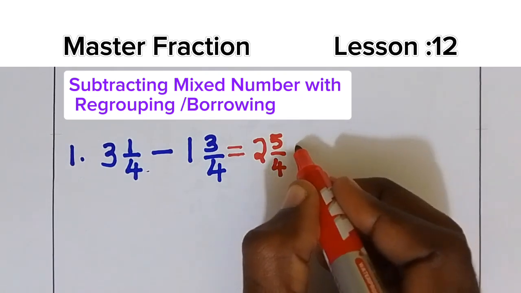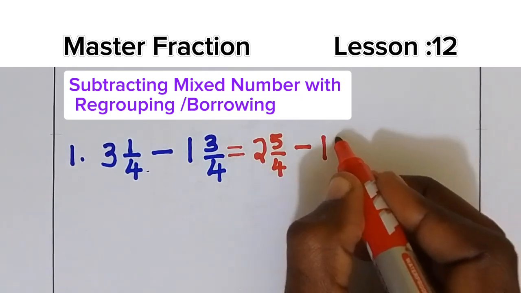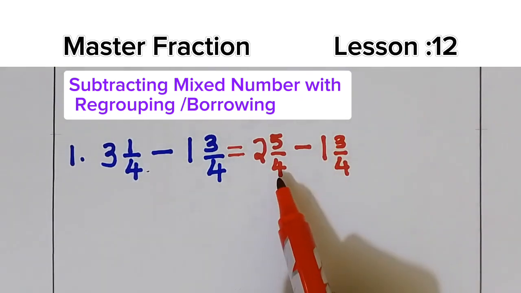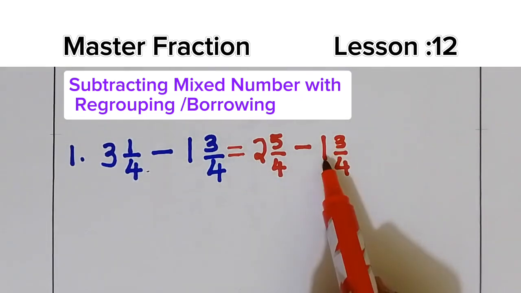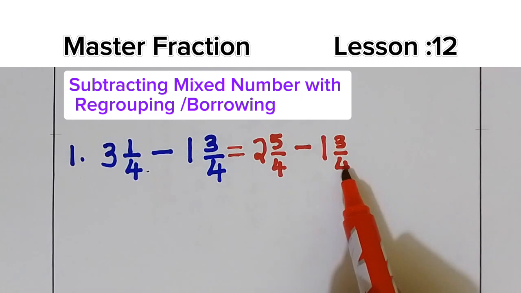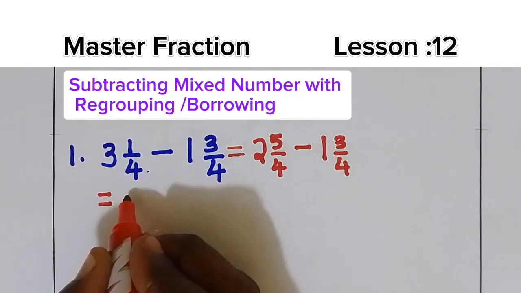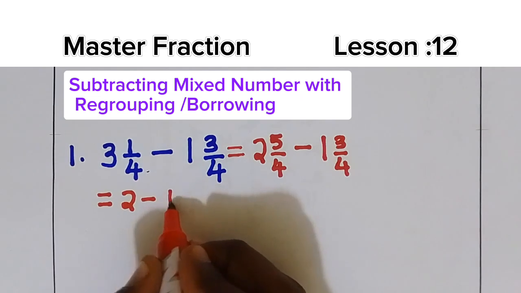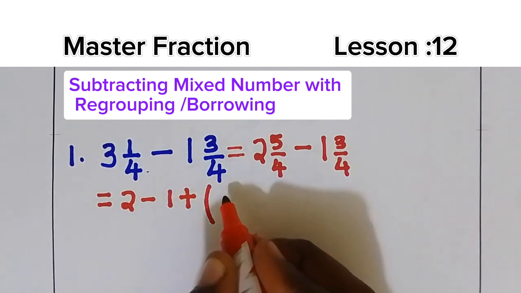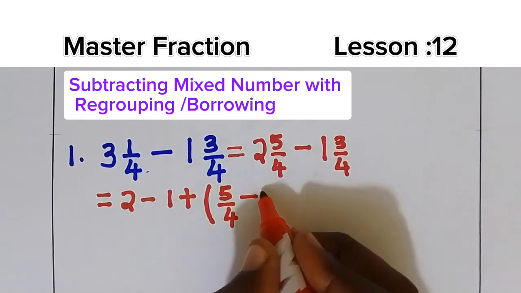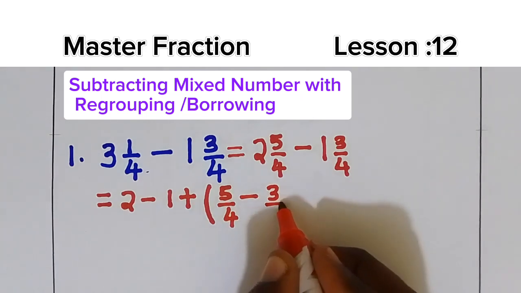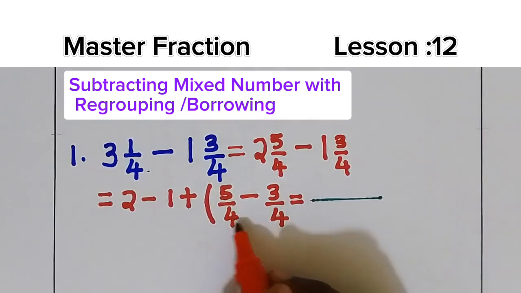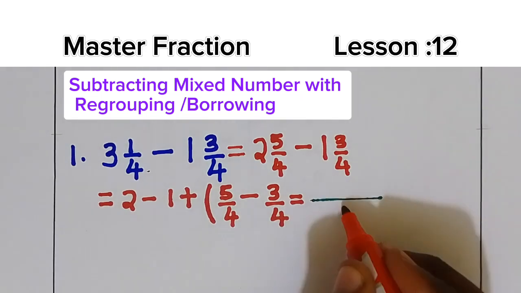Now we are going to take away 1, 3 over 4. At this stage, we take the whole number, take away whole number, and the fraction with the fraction. That's what we're going to do. The denominator is going to be the same, 4.